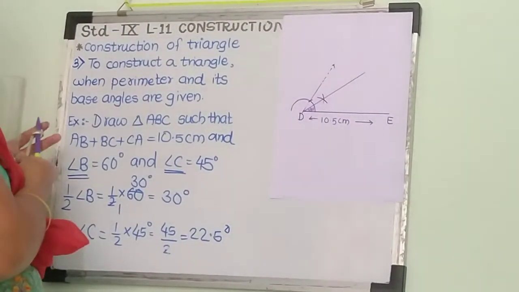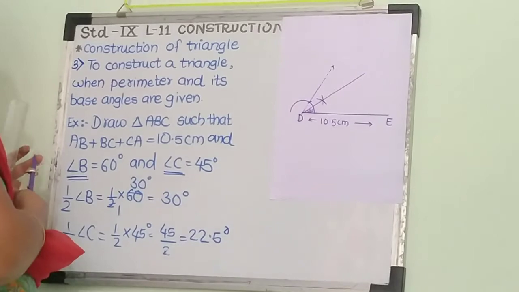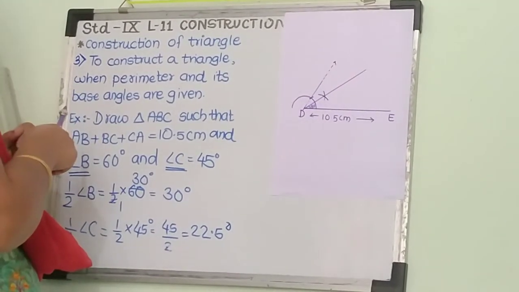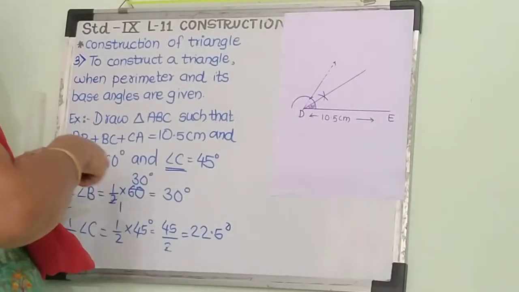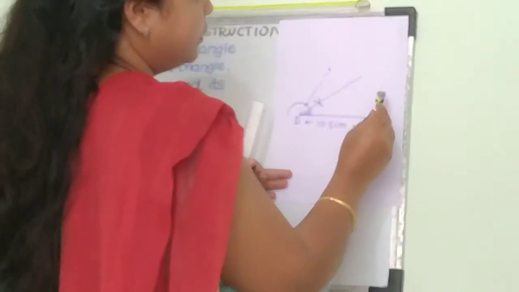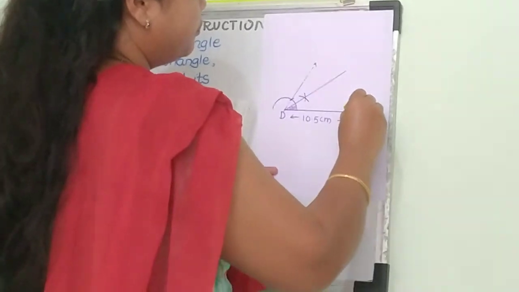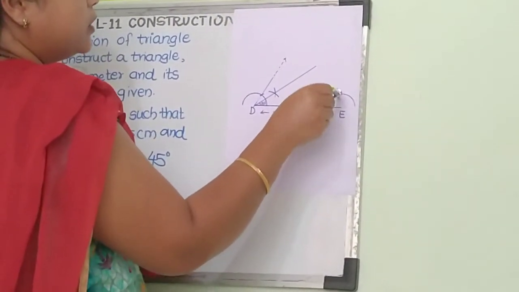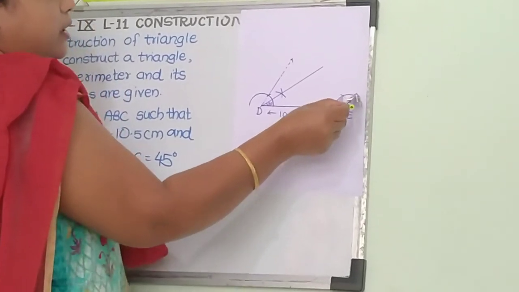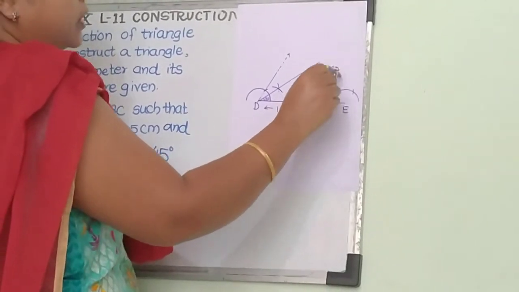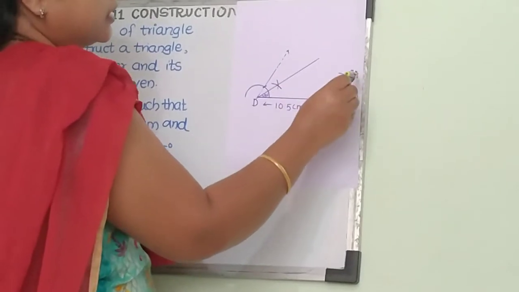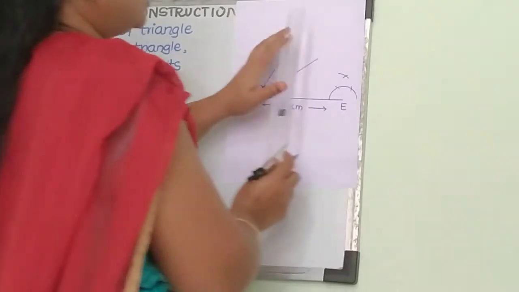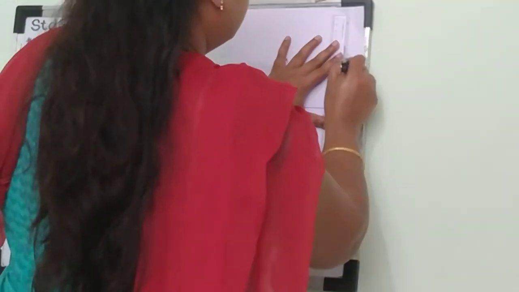Same we are going to do for 45 degree. For 45 degree, first we draw 90 degree, then 45 degree, and then half of the 45 degree. So first we draw the 90 degree angle. For that we draw the semicircle. For the semicircle, two arcs will be there. From this arc we draw the 90 degree angle.